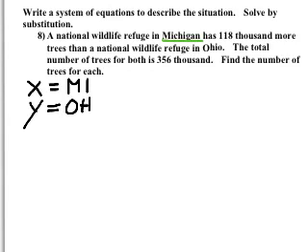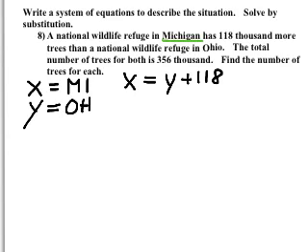Because that would make Ohio more. It's got to be the other way. So we write x, which is Michigan, equals Ohio, and I'll make the O, equals y plus 118,000. We won't write the 1,000 in because our answer is just going to be in thousands.